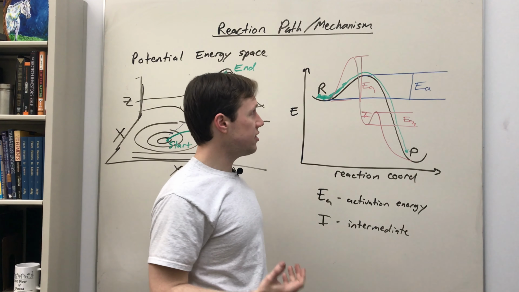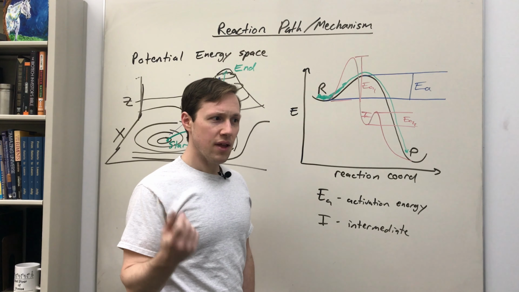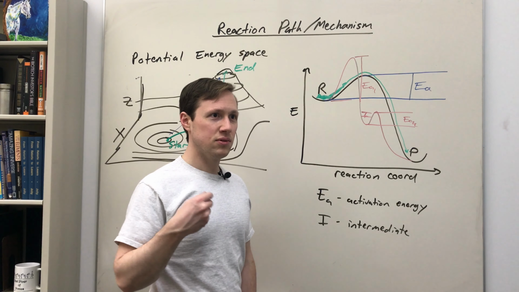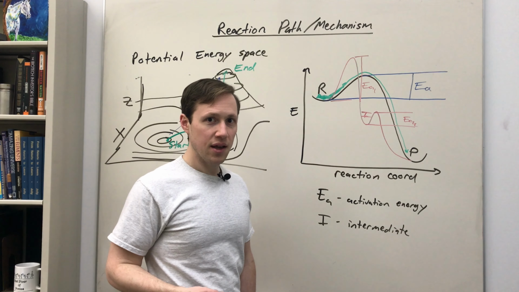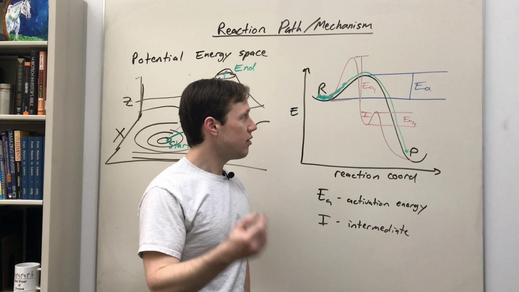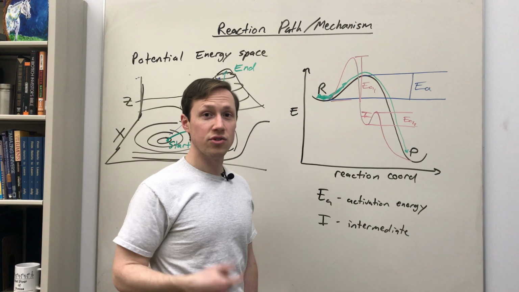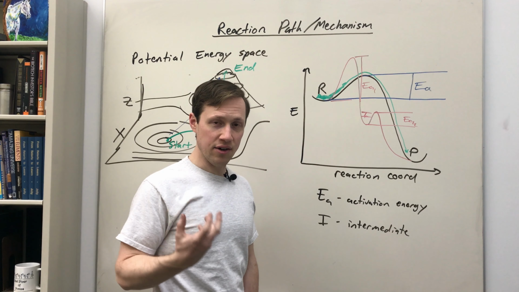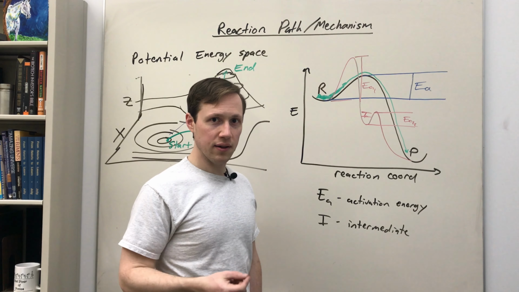Keep in mind that the height of this, the activation energy, is a measure of how difficult it is for a reactant to become a product. As a result, the larger the activation energy, the slower the reaction becomes. This is also why adding energy by heating up a reaction can cause a reaction to go more quickly.